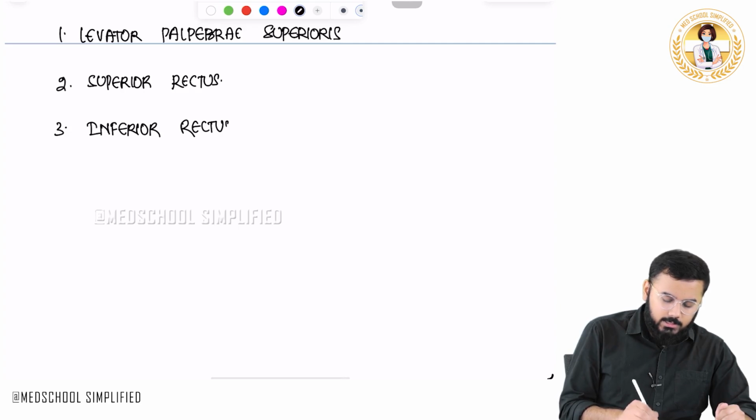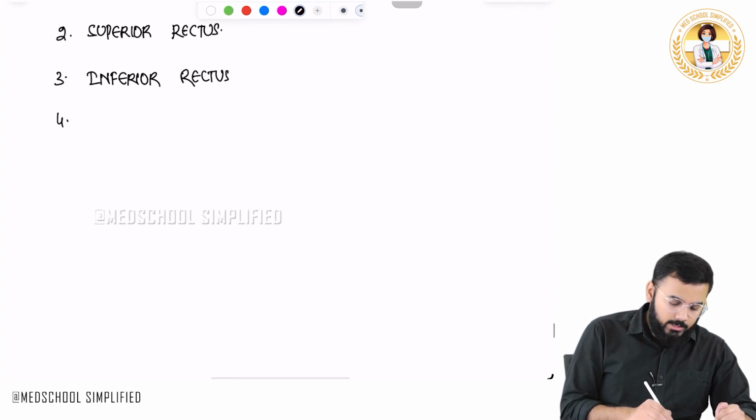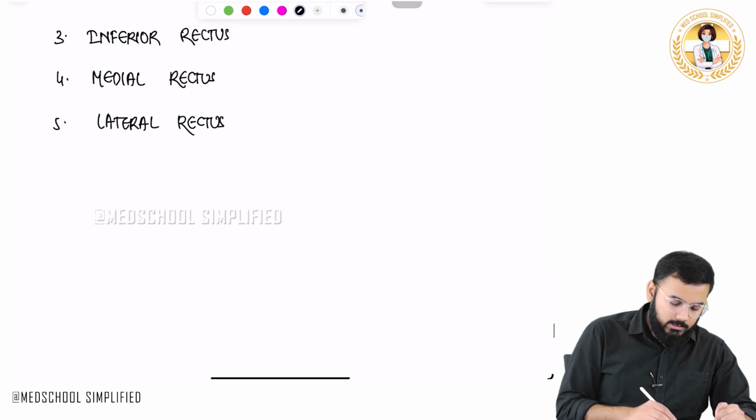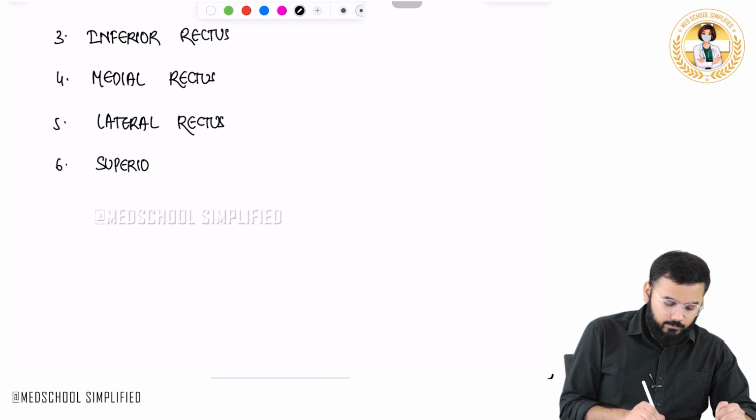Fourth is medial rectus. Fifth is lateral rectus. Sixth is superior oblique, and seventh is inferior oblique.